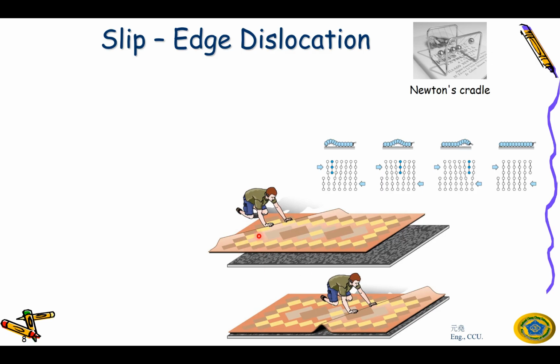Imagine you have a carpet and you want to move the carpet one step ahead to the front, and you have a lot of friction between the carpet and the floor. If you want to pull this way, you have to use a lot of force. If you do the theoretical calculation, yes, it takes a lot of energy. You need a very big force to pull this carpet to this position.